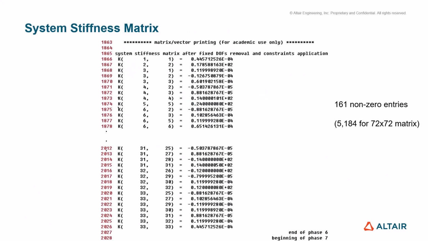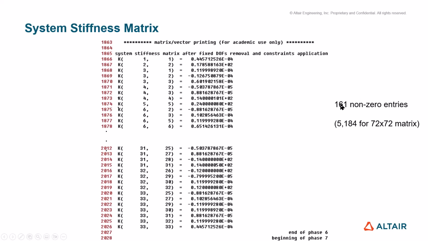Again, this is from the trail file. You can see the way that S-Frame writes the information about the entries of the stress stiffness matrix. So there are 161 non-zero entries.